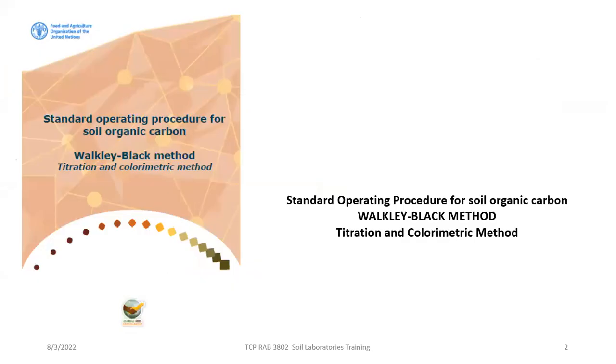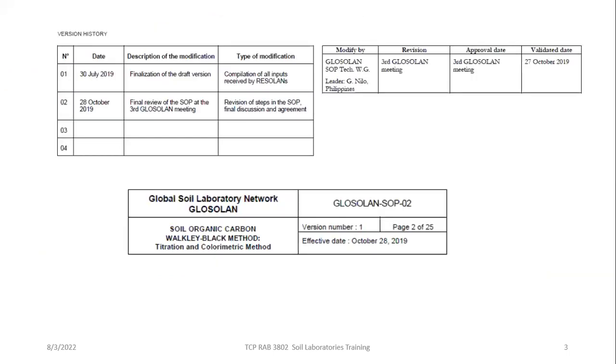This is a standard operation procedure for soil organic carbon using the Walkley and Black method, published by FAO and the Global Soil Partnership. They encourage people to use it because it has the version history.